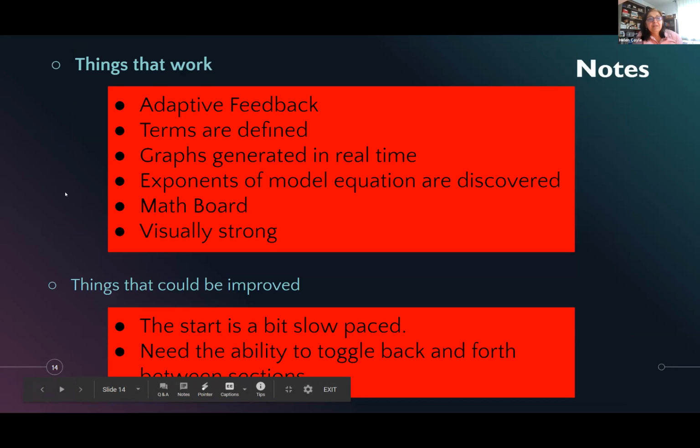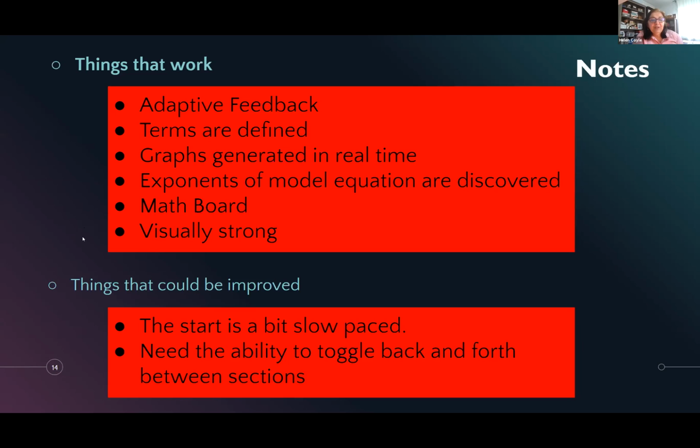So to recap briefly, things that I found working: I love the adaptive feedback. The terms are defined, so it's easy for the kids, at their fingertips. The graphs were generated in real time, and they're able to change the exponents to see the curve fit. The math board's very well done, visually strong.